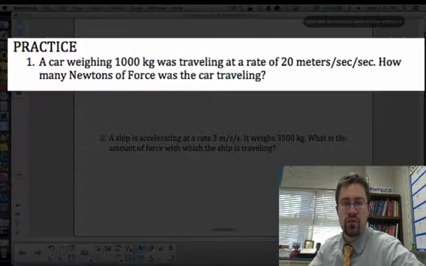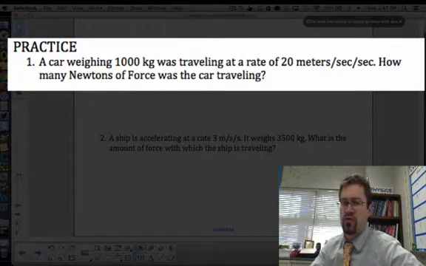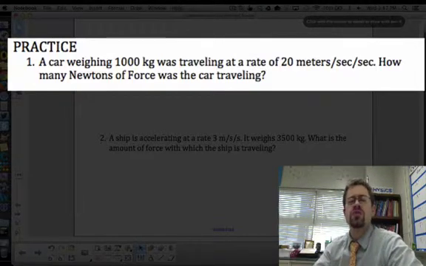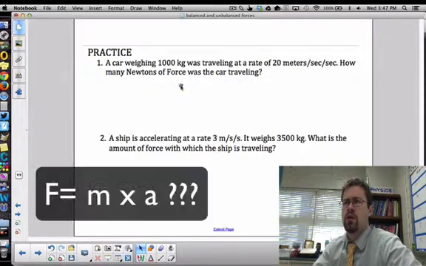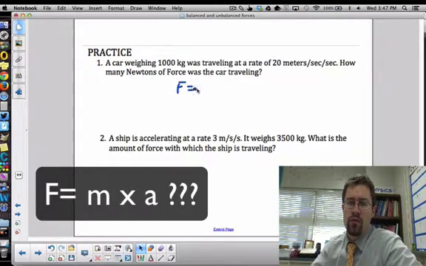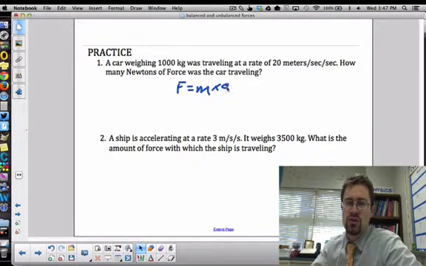Let's go over these examples. A car weighing 1,000 kilograms was traveling at a rate of 20 meters per second every second. How many newtons of force was that car traveling? What's our formula again? Oh, I got it. Force equals mass times acceleration. Which one is my mass? I'm going to use my unit to help me.